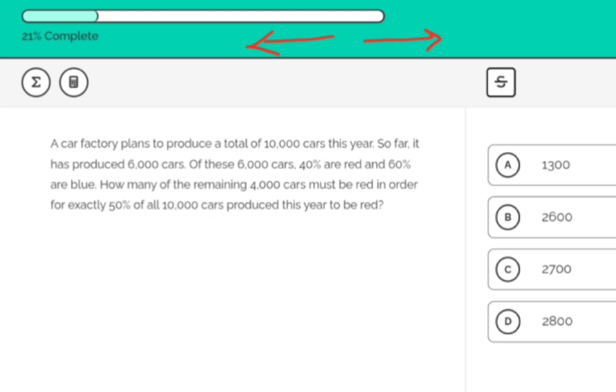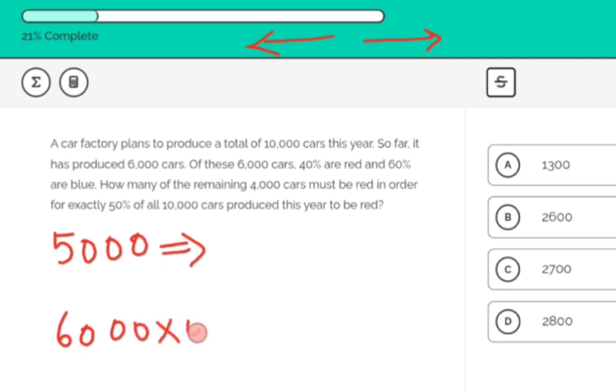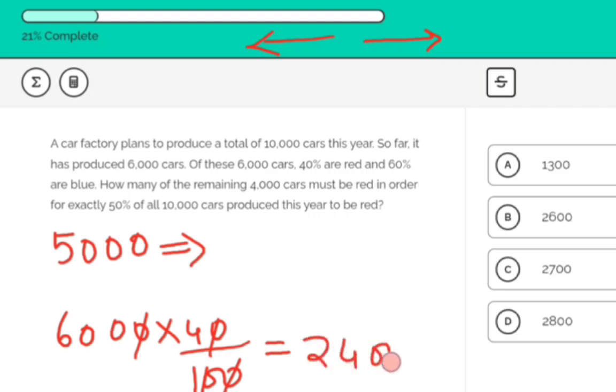So now in this case, how do we do this? Basically, you want the total number of red cars to be 5,000. Now 6,000 cars are already produced, and from those 6,000 cars only 40% of them are red. So let's calculate how many red cars are already produced. If you see, we have 2,400 red cars which are already produced.